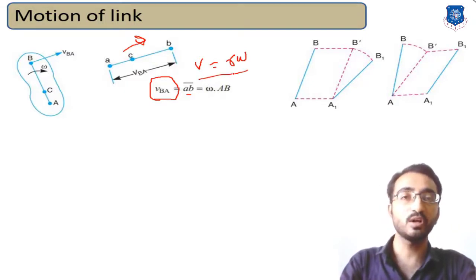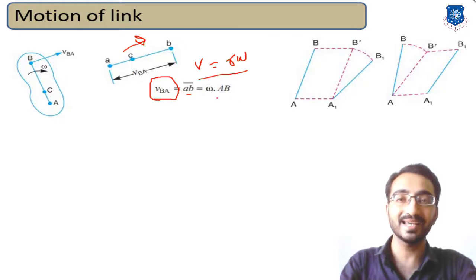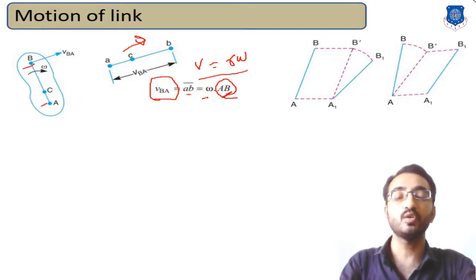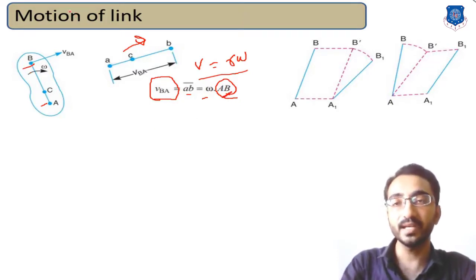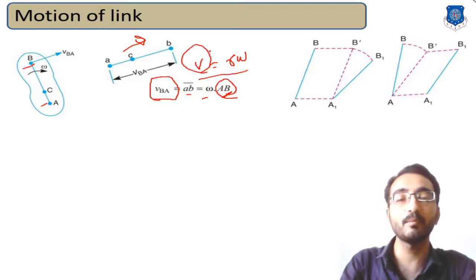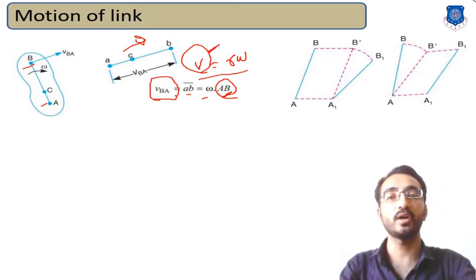Here R is the radius, which is nothing but the distance between these two points, that is capital AB. So omega into AB defines the magnitude of the velocity of point B with reference to point A.